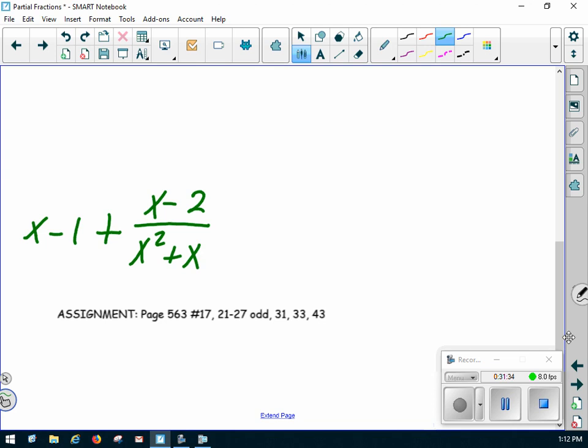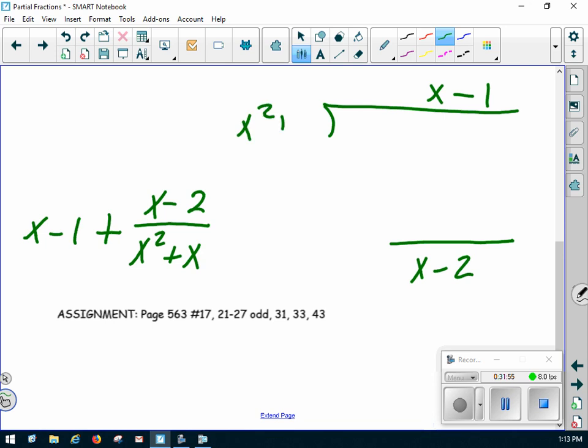Now the question is, will the fraction part still simplify? Because when I did the division, which I just erased, x minus 1 was up here, right? Down here ended up being x minus 2. And out here was x squared plus x.